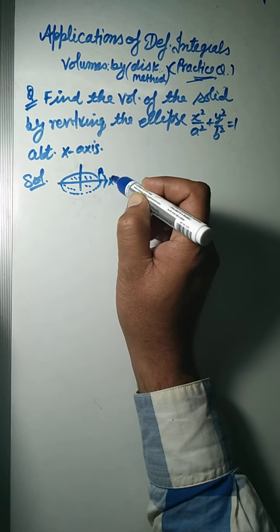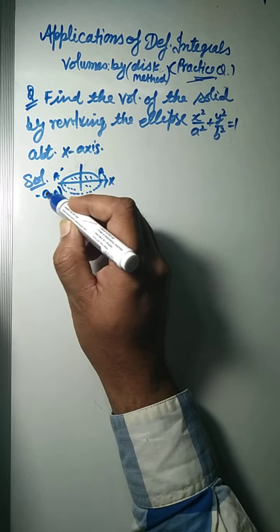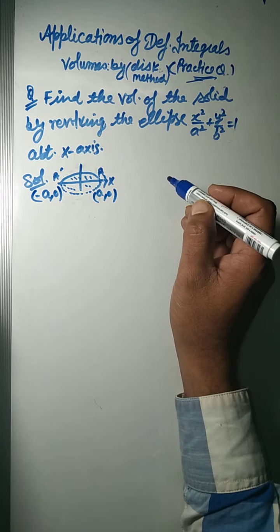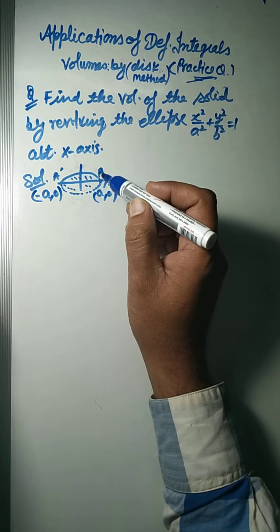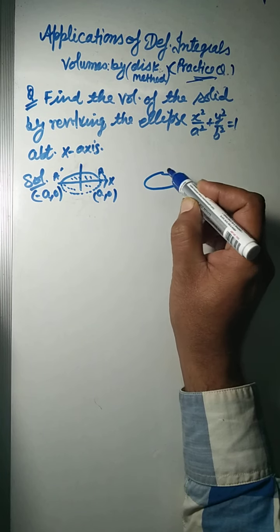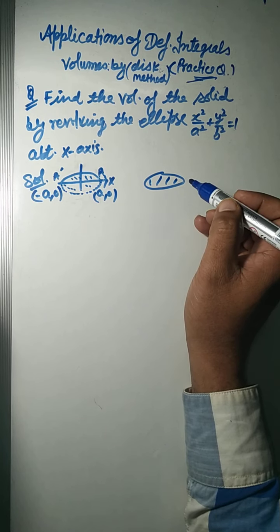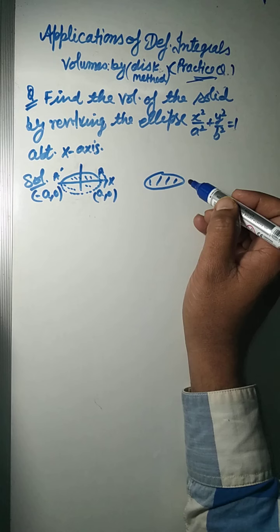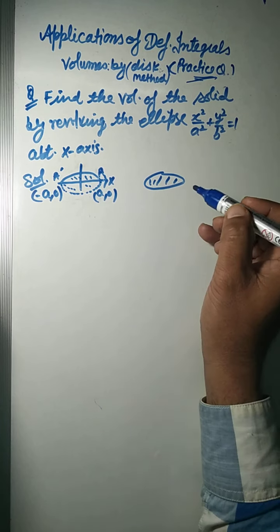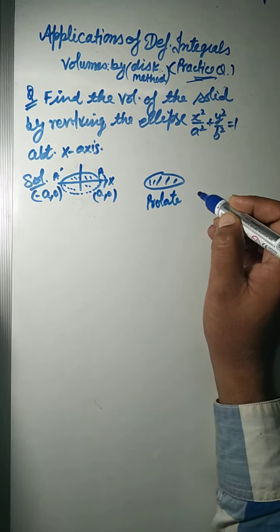So let us take, this is the point A, this is A dash, and coordinates minus a comma 0 and a comma 0. And if we rotate upper half area of the ellipse around x-axis, a solid like this will form, and such type of solid is known as prolate spheroid.